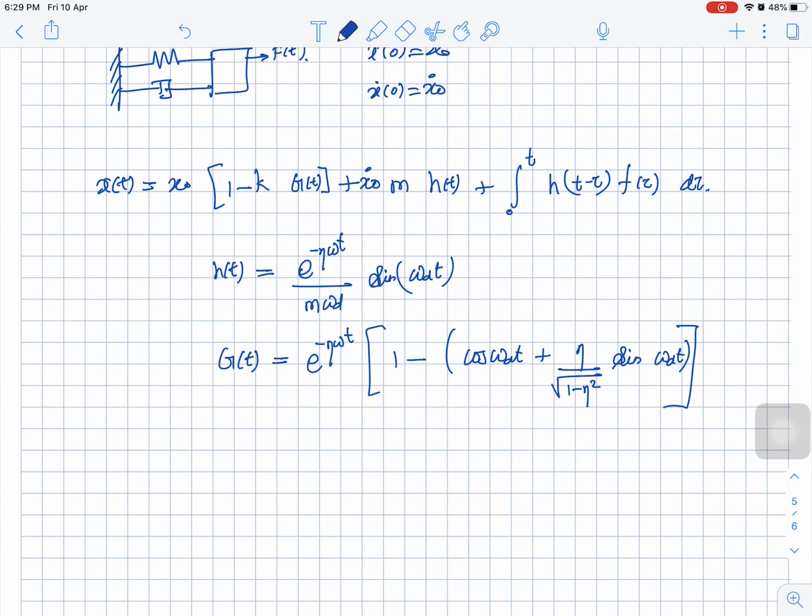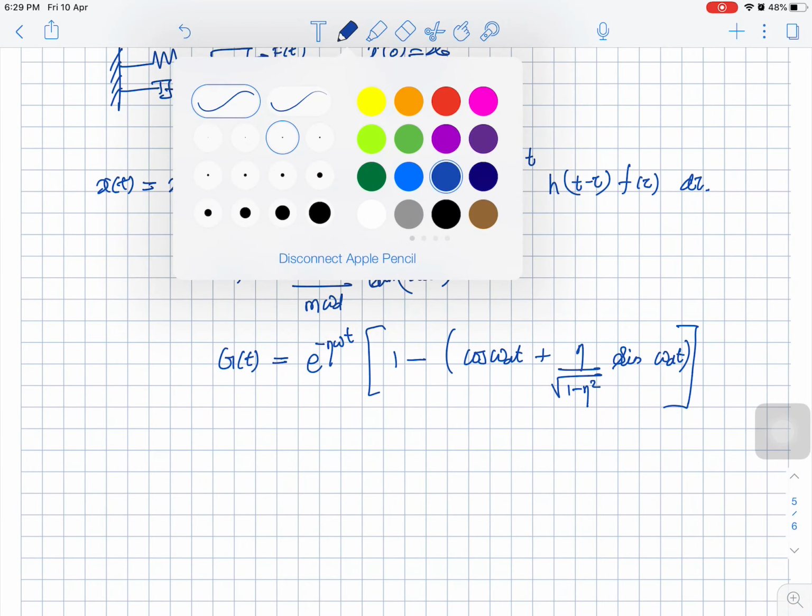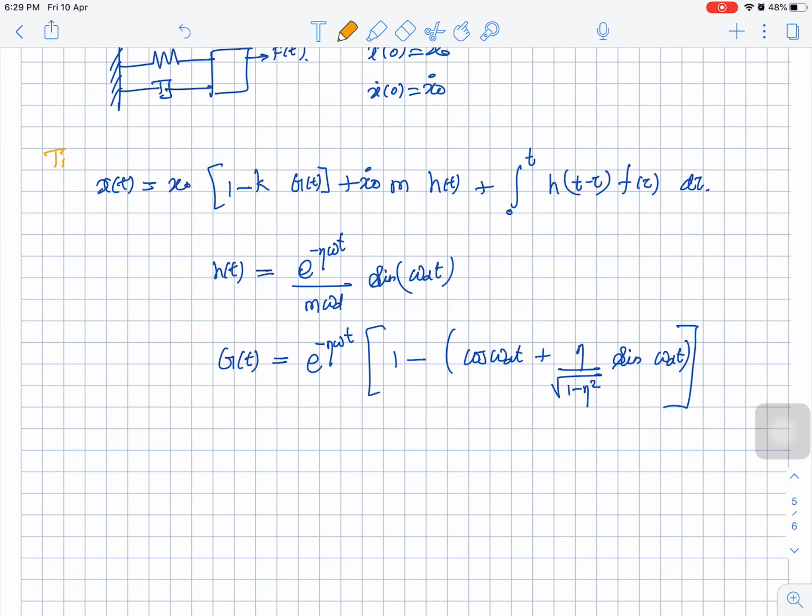And yeah, that's it. So this is the time domain equation.